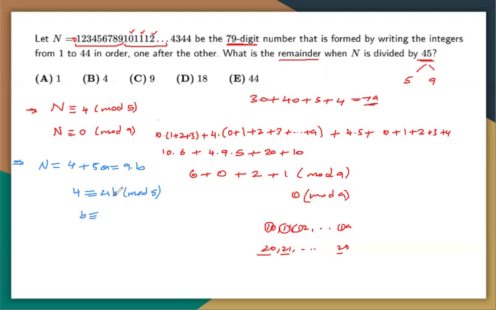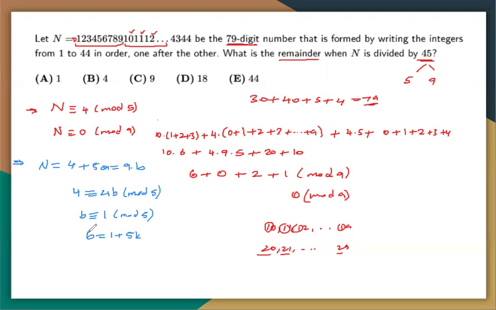If I choose b like 1, that will be 4 times 1, which is 4. So that will be immediately the answer. So b is congruent to 1 mod 5, which is the same as saying that b is 1 more than a multiple of 5. I will say k is some integer.